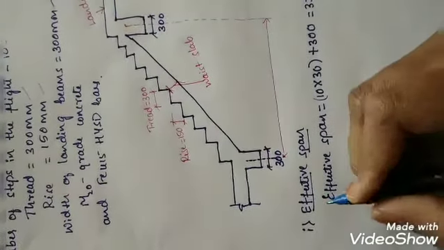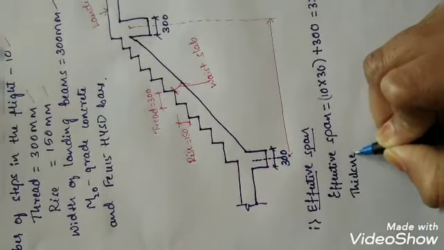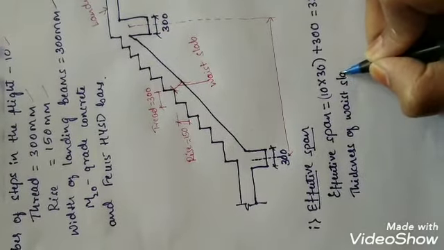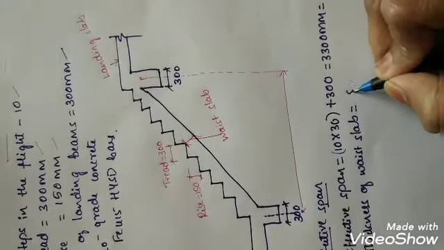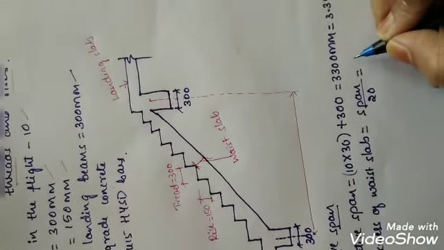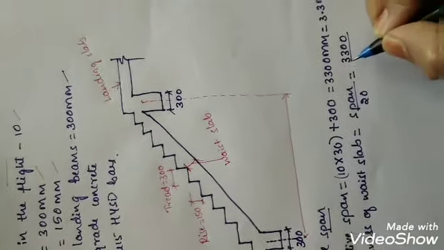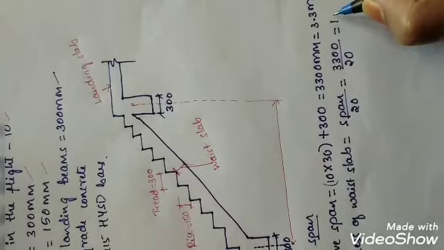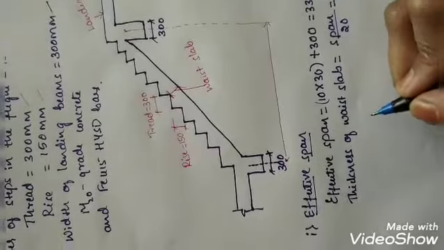Next I need to calculate the thickness of the waist slab. Usually we use the equation span by 20. The span we have just calculated is 3300, taken in terms of mm. 3300 divided by 20, we get 165 mm as the thickness of the waist slab.